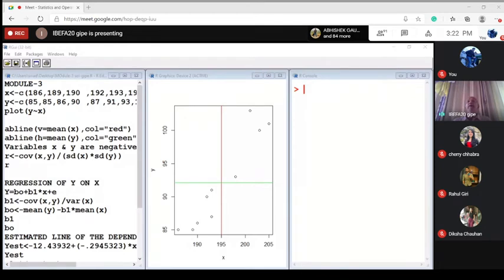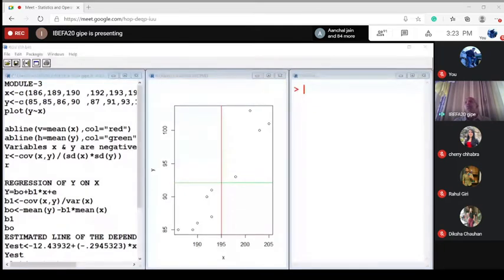Now here the points are opposite to the first question. The first quadrant has no points, the second quadrant has many points, the third quadrant has many points, and the fourth quadrant has no points.